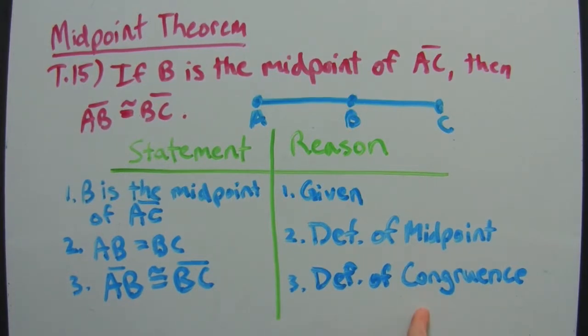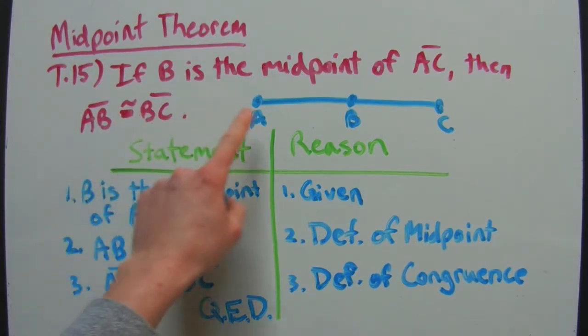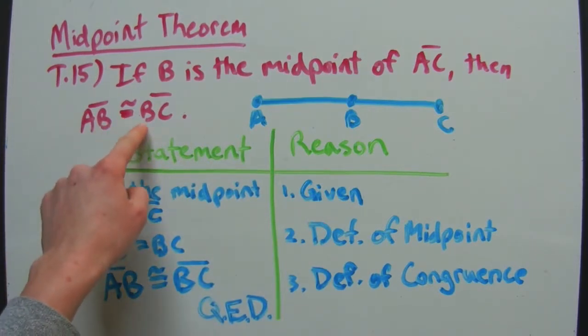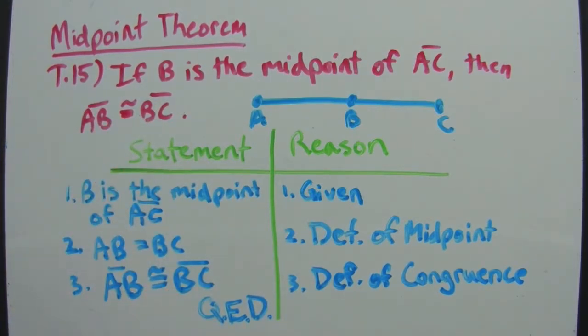So, by definition of congruence, the segment AB is congruent to the segment BC. And that was what we set out to prove: that if B is the midpoint of AC, then segment AB is congruent to segment BC.